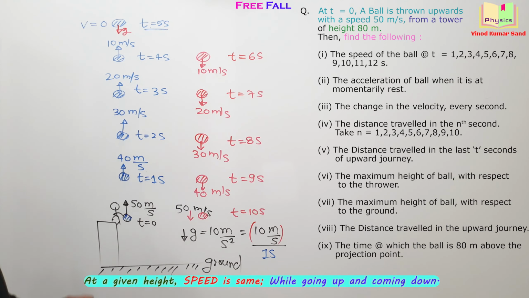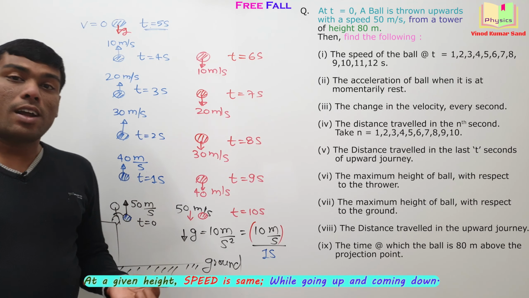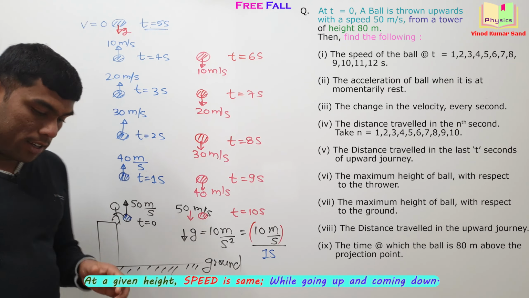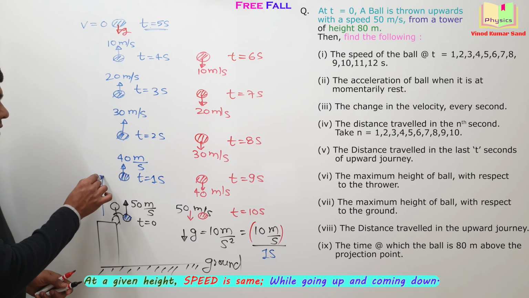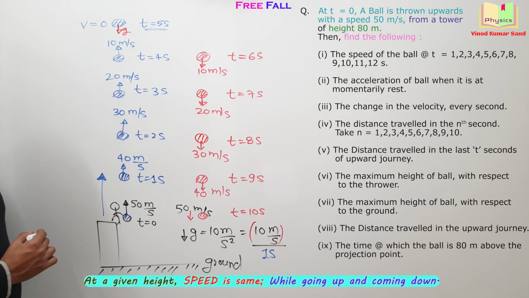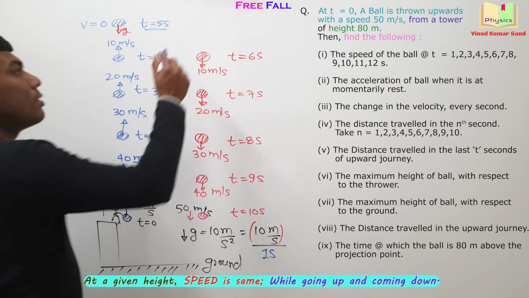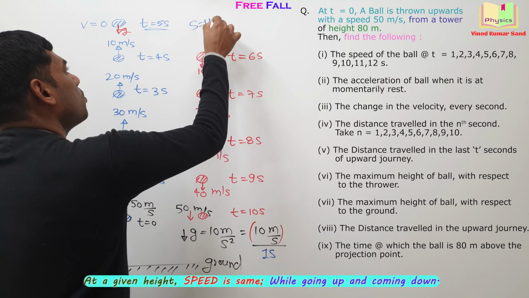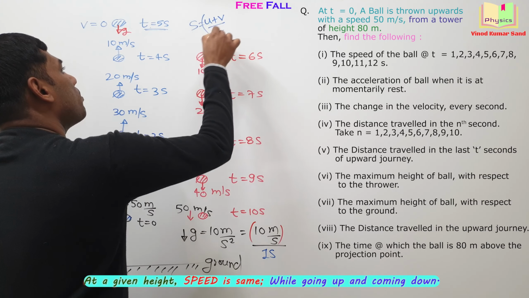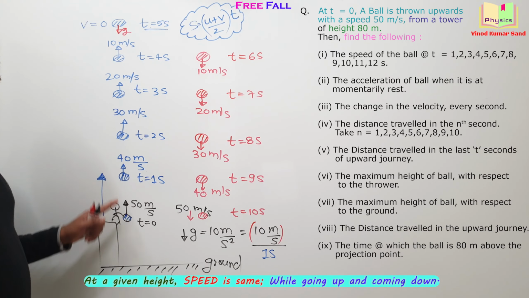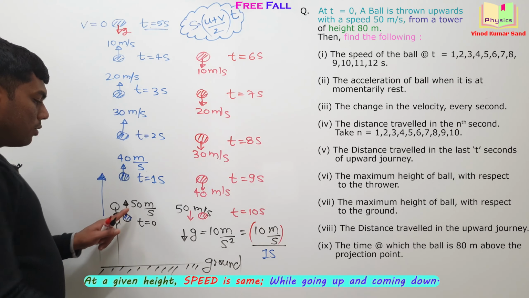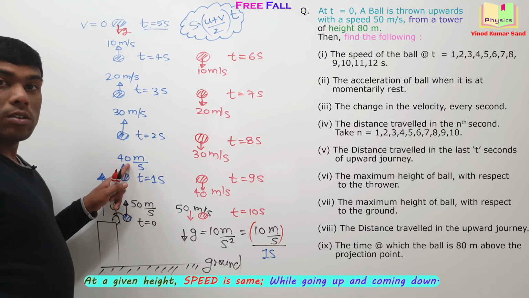Okay. Now we can find the distances traveled in every second. For example, if we want to calculate the distance traveled in this interval of time, we should be using which formula? Correct. We know that S is equal to (U plus V) by 2 multiplied with the T. For this 1 second time interval, U is 50 and V is 40.